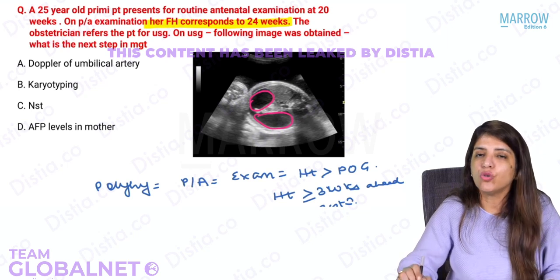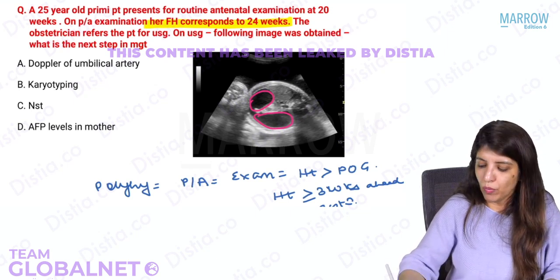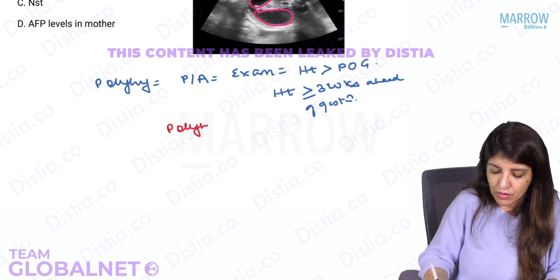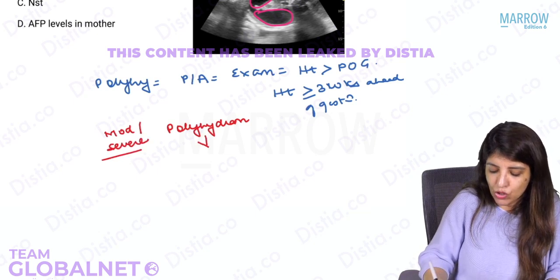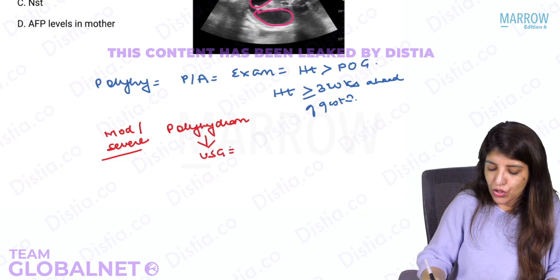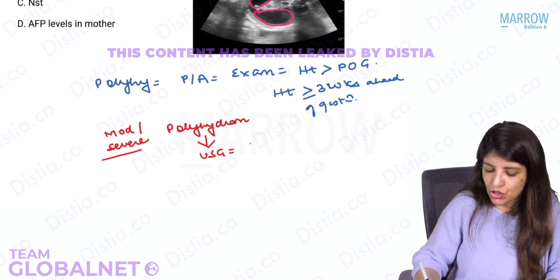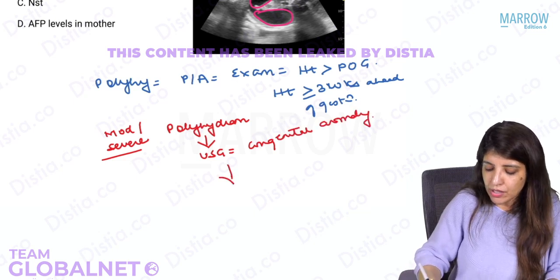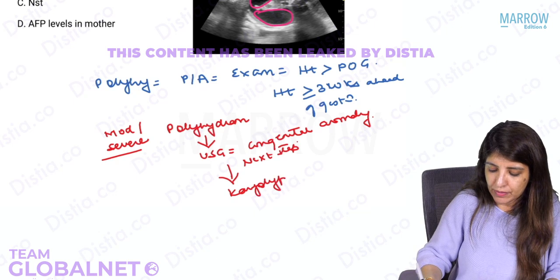Now, whenever you have a patient of polyhydramnios and it is moderate or severe, and on ultrasound a congenital anomaly is seen, then please remember the next step is always you should go for karyotyping.